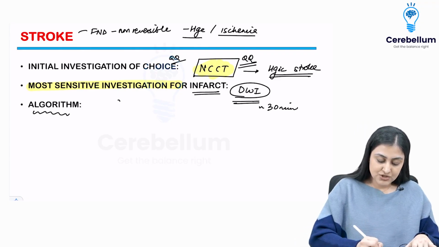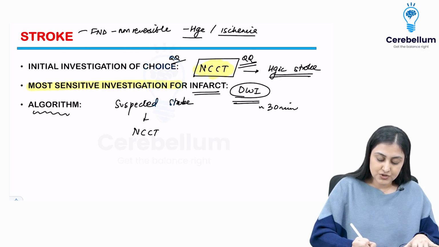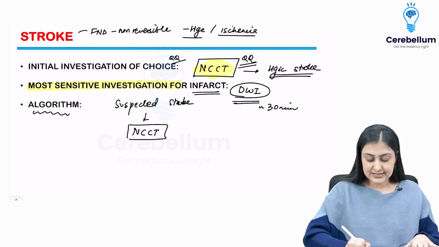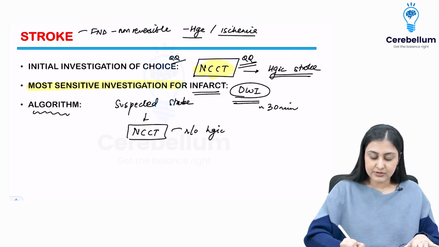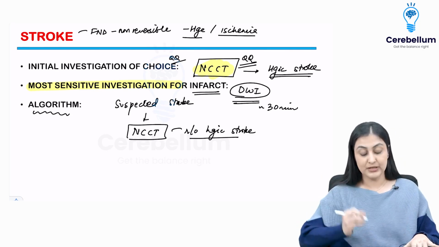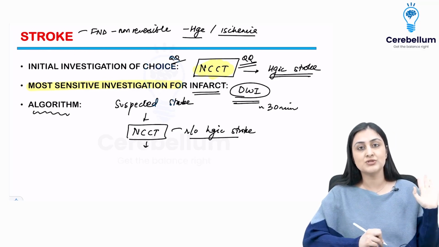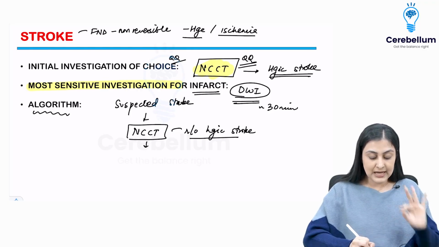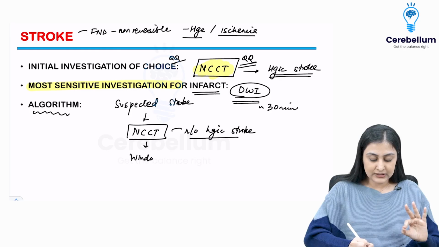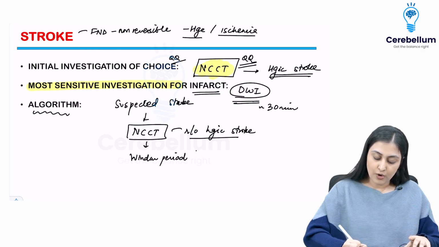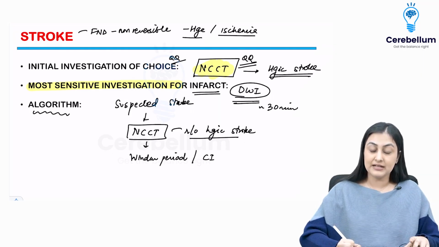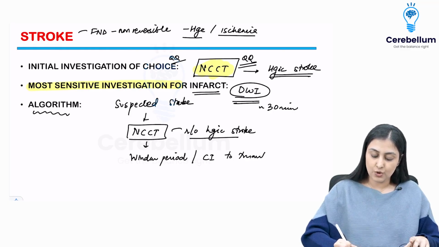Okay. So any patient of suspected stroke presents to the hospital, what is the first thing that we are going to be doing? The first thing is going to be NCCT. Why NCCT? We will rule out our hemorrhagic stroke. You see acute hemorrhage, you rule them out of the protocol. So hemorrhagic stroke is sorted. Now any patient, whether CT is normal or showing you signs of ischemia, all of these we now have to see whether they fall in the window period or not, or whether there are any contraindications to thrombolysis or not.